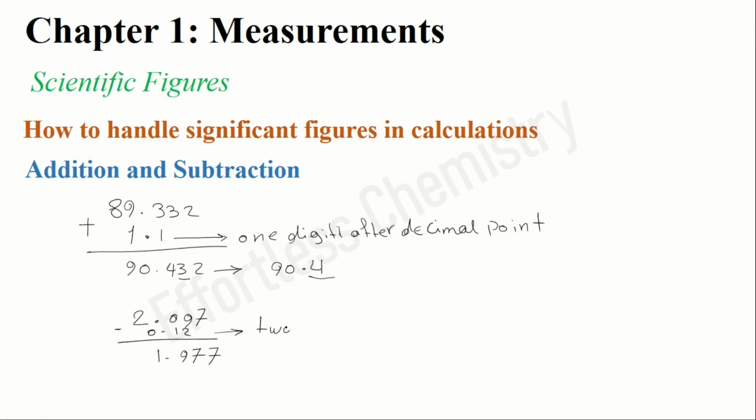So 2 digits after the decimal point. And if we want to round off our answer, as you can see, 7 is greater than 5, so we will add 1 to this 7. The answer is 1.98.